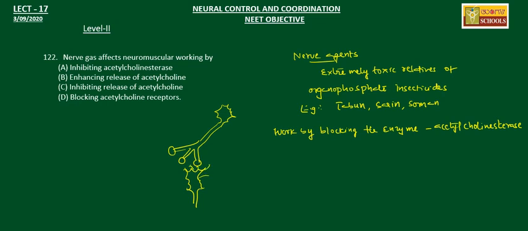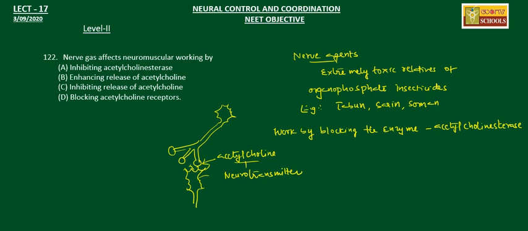Here there will be passing of acetylcholine. Acetylcholine is a neurotransmitter, and it is present in the vesicles in the synaptic knobs.